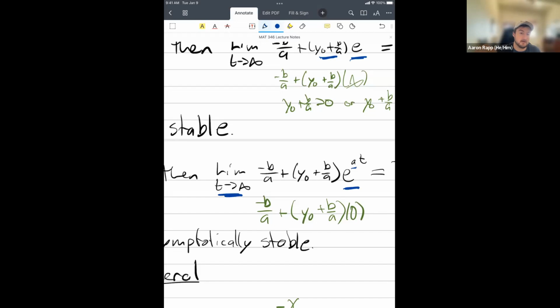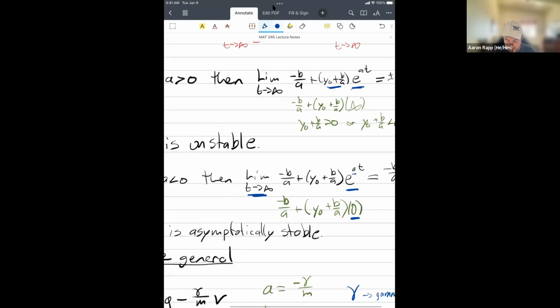So as t is getting larger and larger and larger, e to the -t or -2t, anything like that is going to 0, which is why that term gets erased and you're just left with the -b over a. So sorry for making that little bit of confusion, potentially, if anyone even picked up on it.